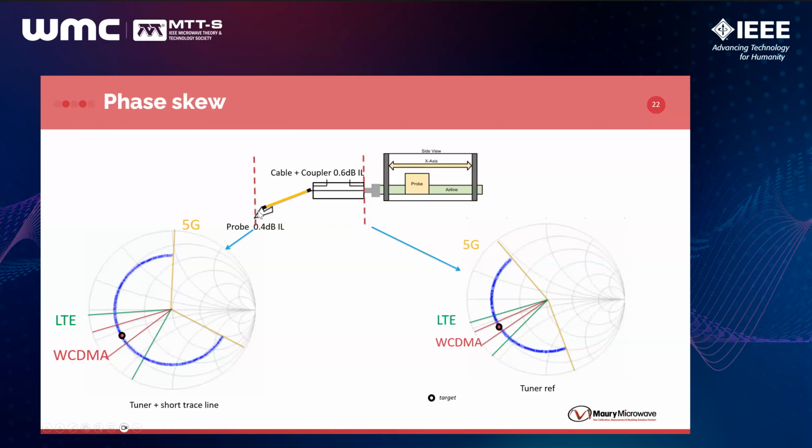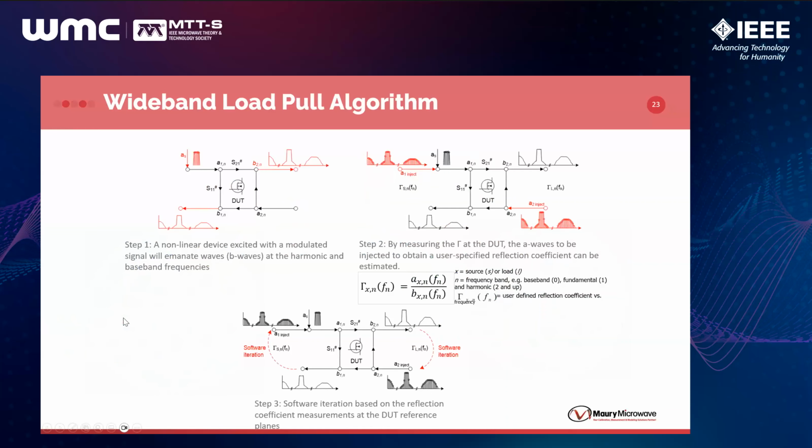A lot of solutions in the industry are there with very miniaturized tuners, connected directly to the probe tip to reduce all this length and reduce the skew. But another solution that also exists, based on the active load pull, is the generation of a wideband signal at the input of the DUT.